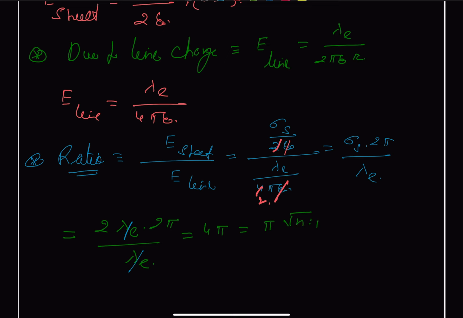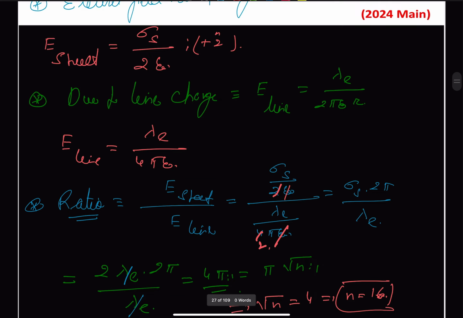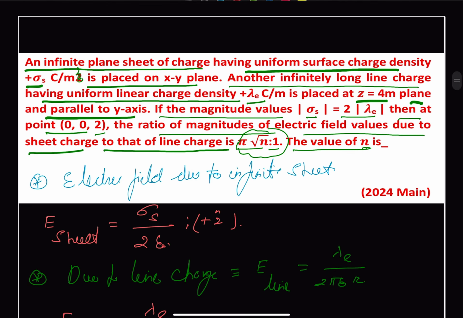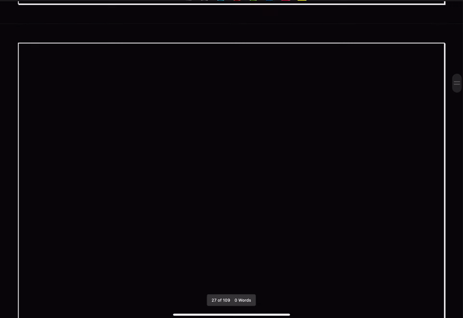From here we can say square root of n is equal to 4, which gives that value of n is equal to 16. So value of n is equal to 16. Next question.